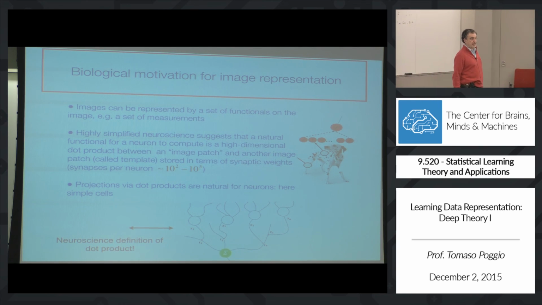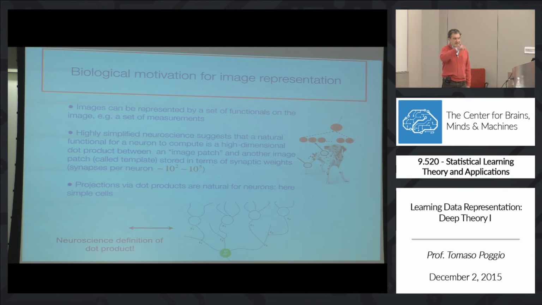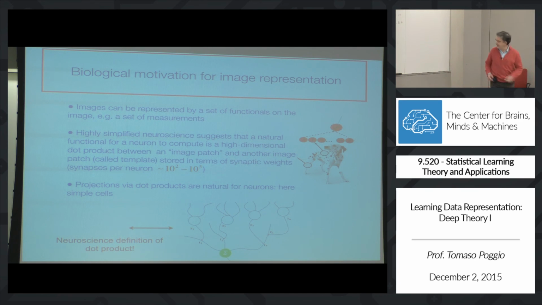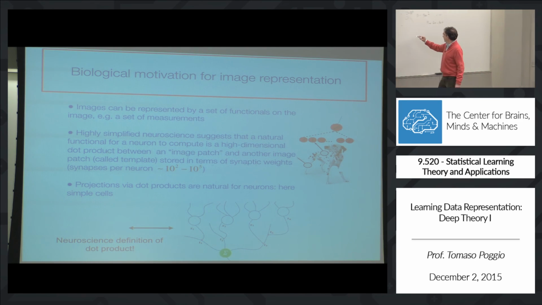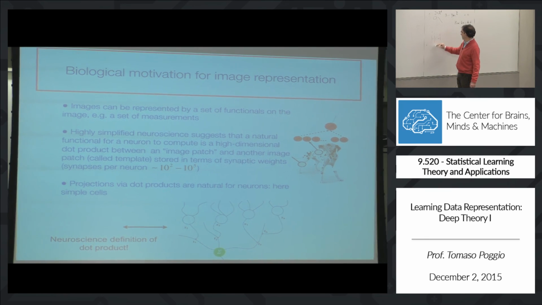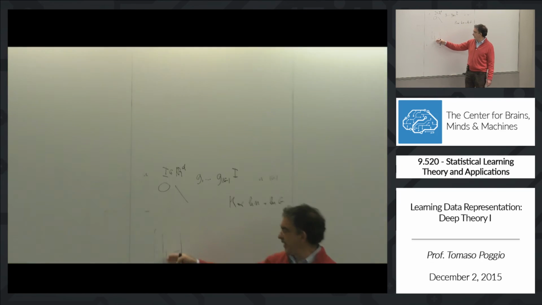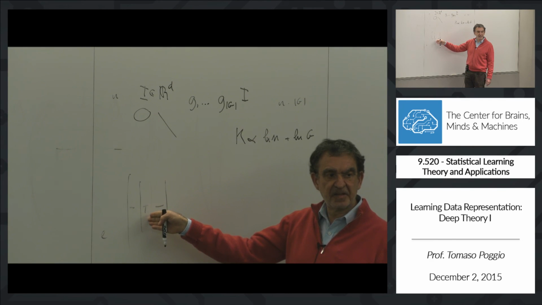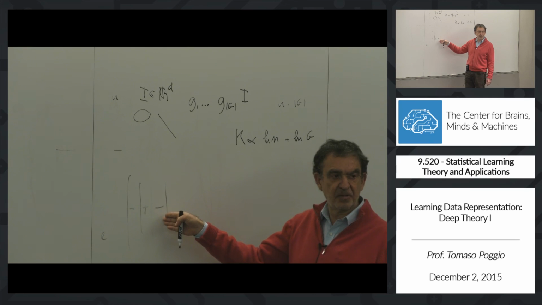In the case of simple cells, they typically are like a Gabor function, oriented. The receptive field of a simple cell could be something like, for instance, this. If you shine light here, you activate the cell. If you shine light there, you inhibit.